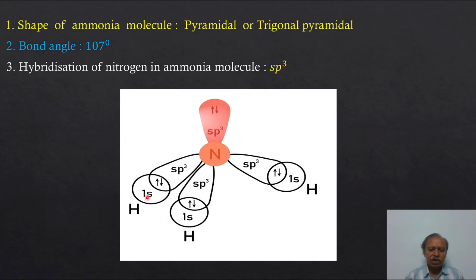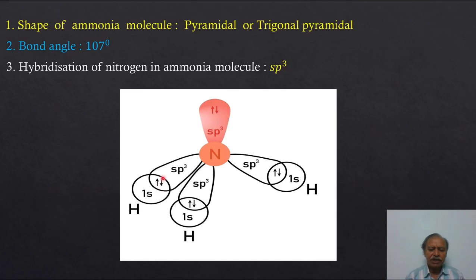This is the third hydrogen atom with the half-filled 1s orbital overlapping with the sp3 hybrid orbital of the nitrogen atom. So these are the sp3 hybrid orbitals containing 1 electron, half-filled, and they overlap with the half-filled s orbital of the 3 different hydrogen atoms to form the N-H bond. In this way 3 bonds are formed.